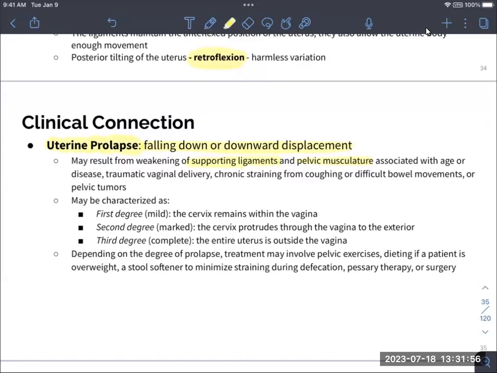A very traumatic vaginal delivery can cause a uterine prolapse. Coughing, straining, difficult bowel movements, and pelvic tumors can too. We have a first degree, which is pretty mild because that cervix remains in the vagina still. In the second degree, that cervix starts to protrude through the vagina. While in the third degree, the entire uterus is outside of the vagina.